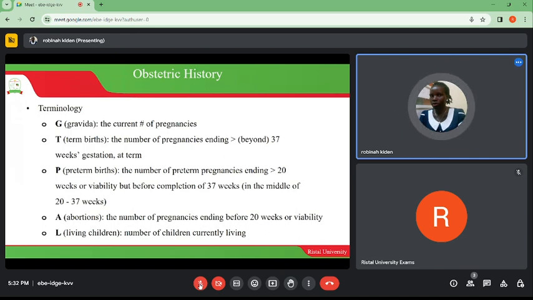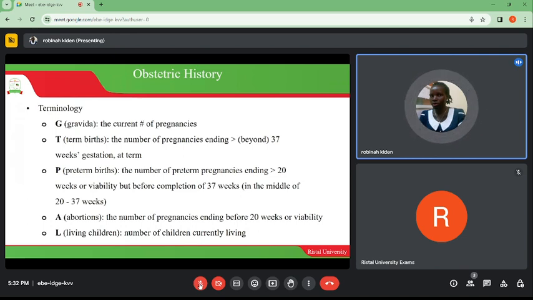Then preterm birth. The term preterm birth refers to the number of pregnancies which end after 20 weeks or viability, but before completion of 37 weeks, in the middle of 20 to 37 weeks.